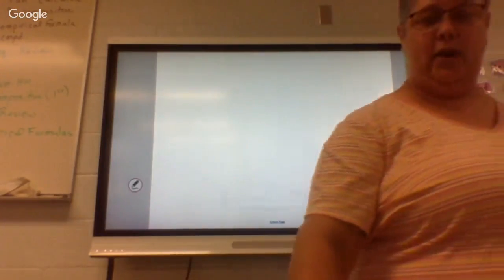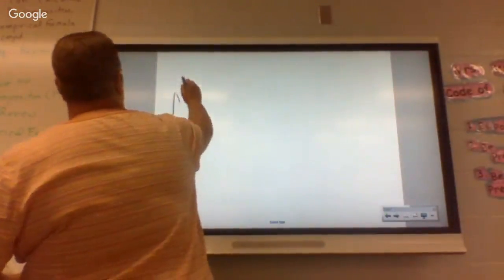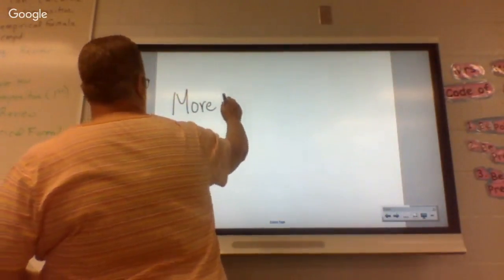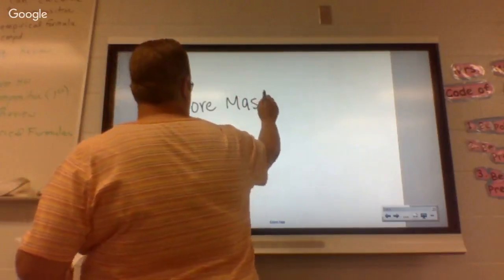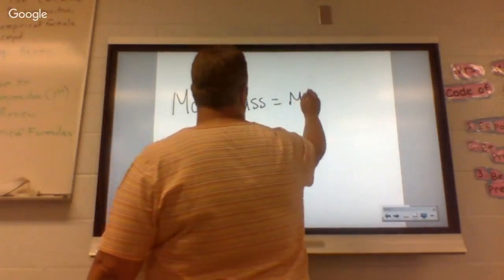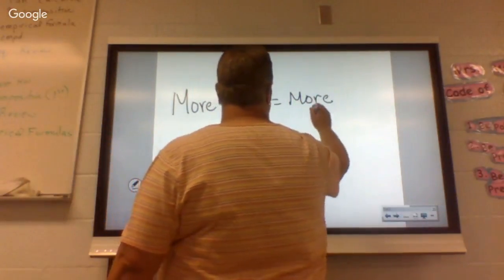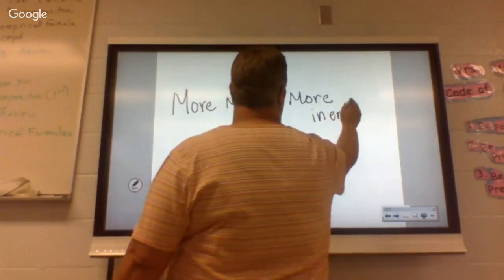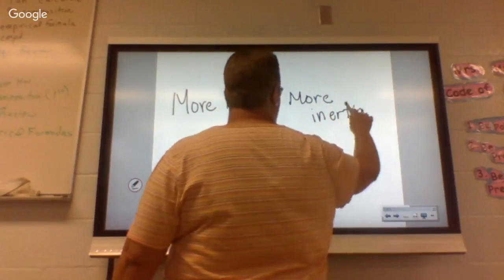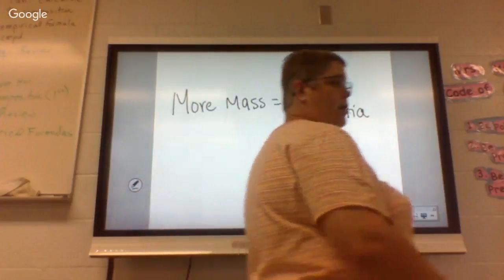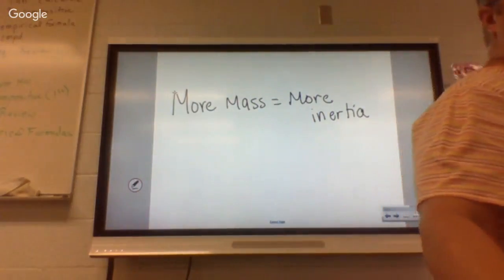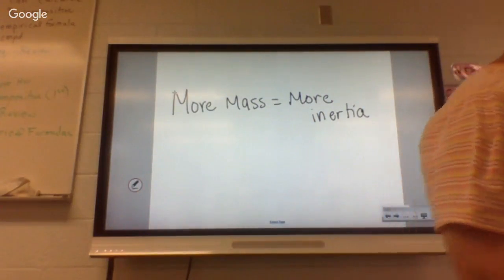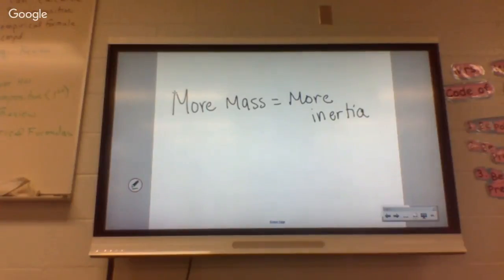How are mass and inertia related? The answer is more mass equals more inertia. So I would have more inertia than most of you in the room. Okay? Maybe not you.